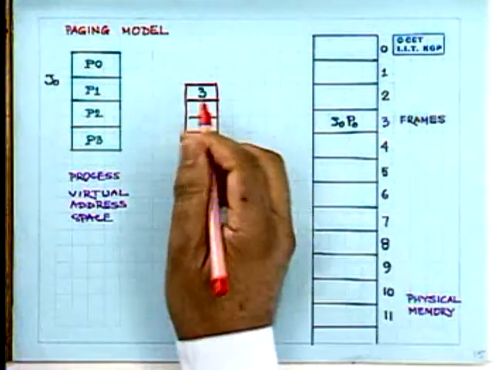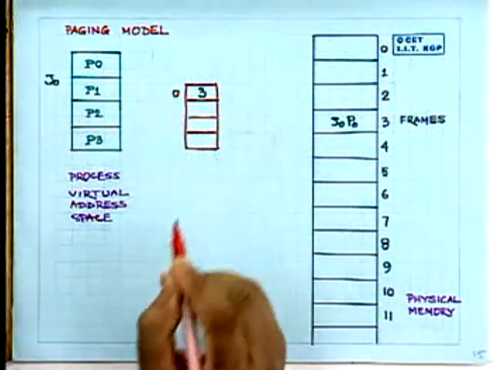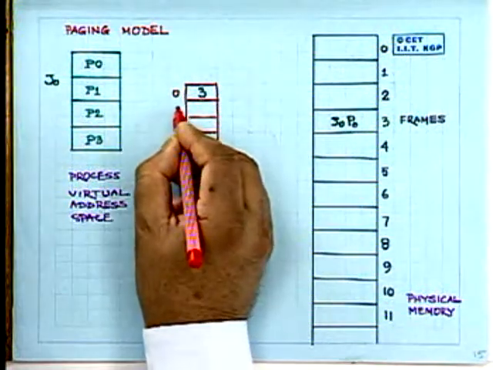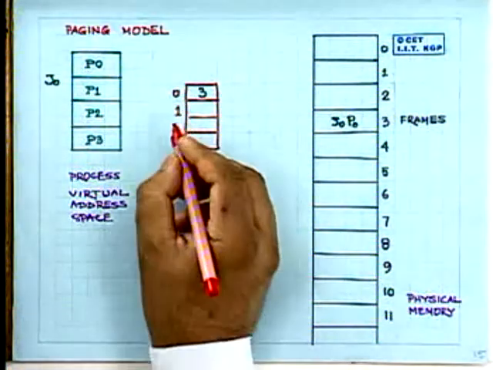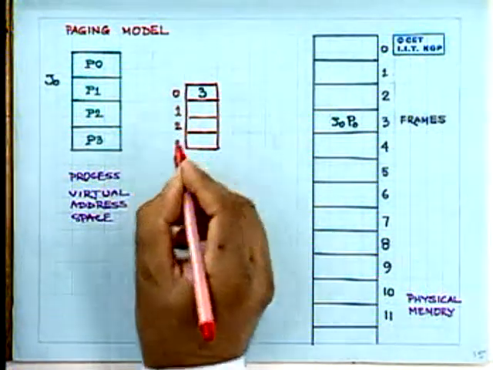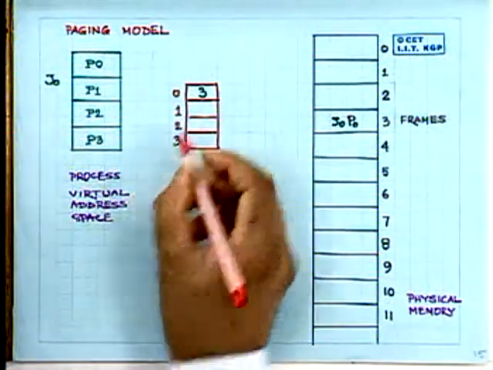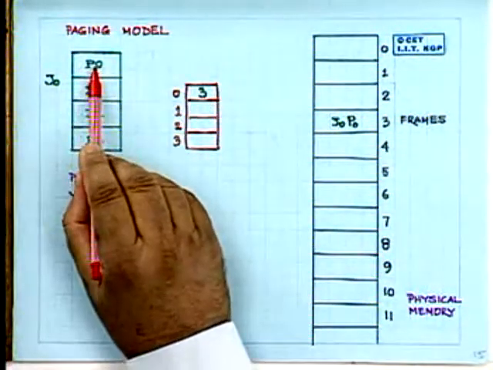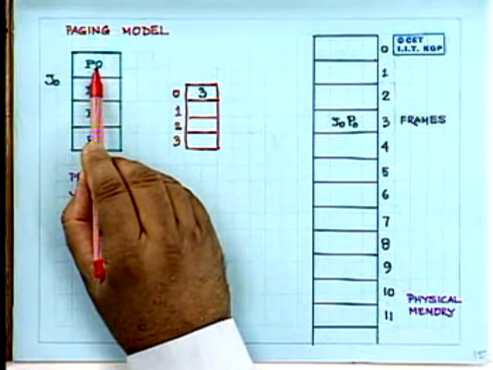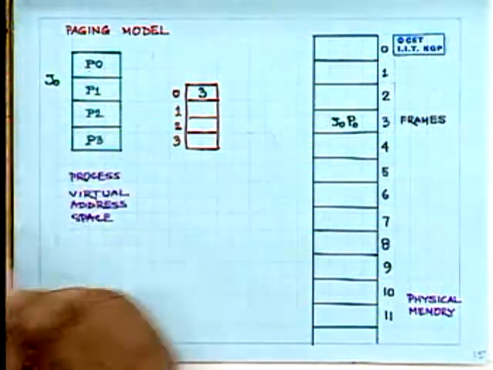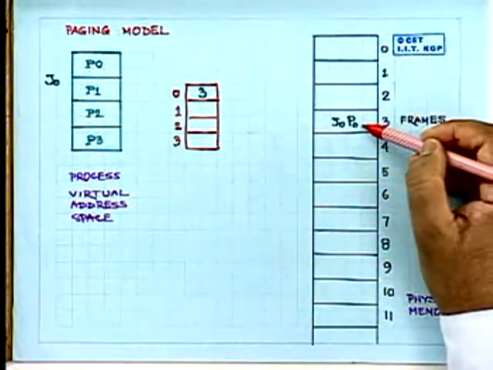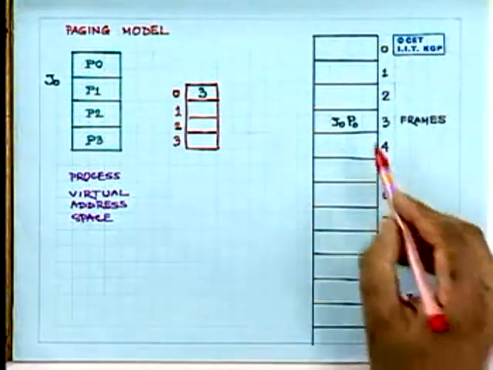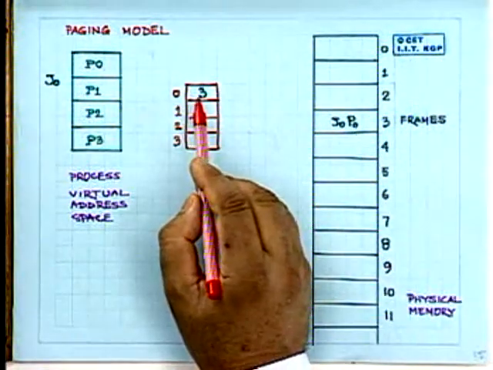This is corresponding to page 0. This is corresponding to page 1. This is corresponding to page 2. And this is corresponding to my page 3. This is a table that I create. I put page 0 of job 0 into frame 3 in the physical memory, and that information I keep in this table.